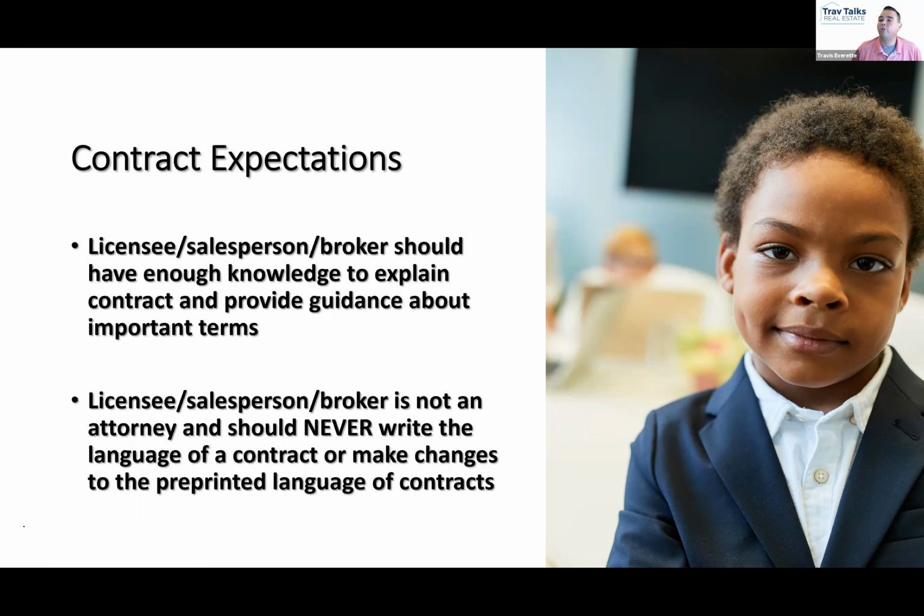The language is all the pre-printed stuff. When you look at a pre-printed contract and it's 12 pages, guess who wrote those words? An attorney. And so guess who you have to be to make changes to those for your clients or customers? An attorney.